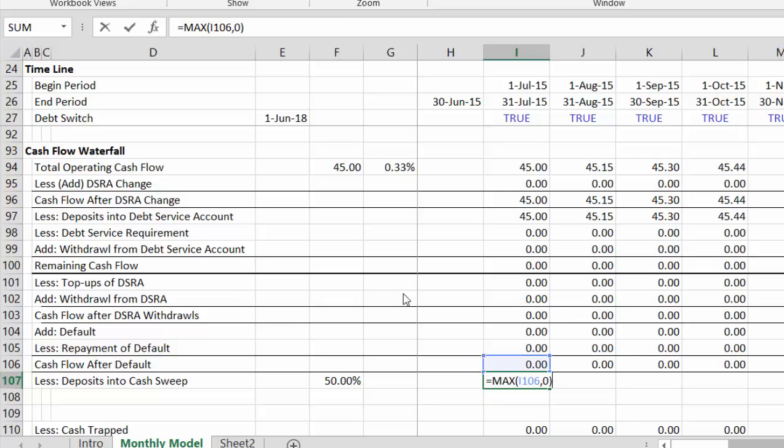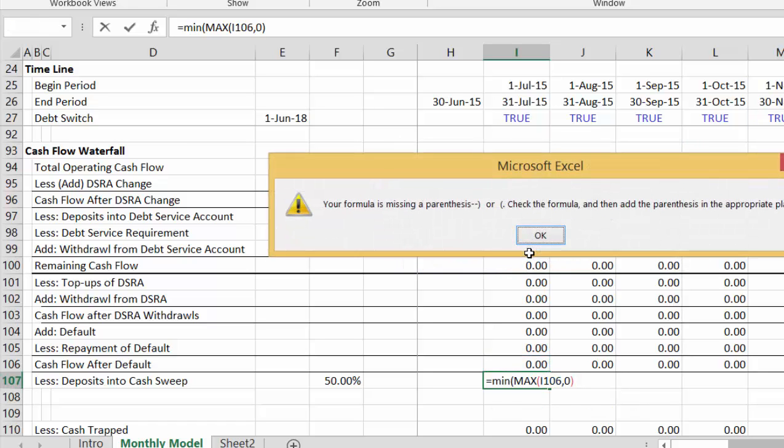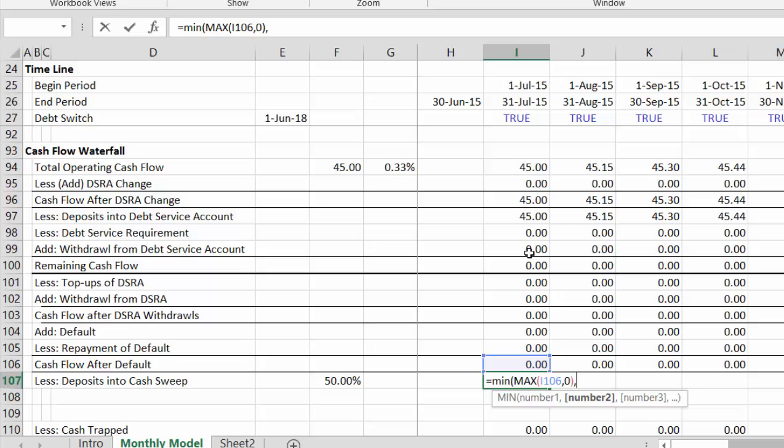I think that will always kind of be in there, and then we put minimum of either that amount of the cash or the opening balance of the debt.